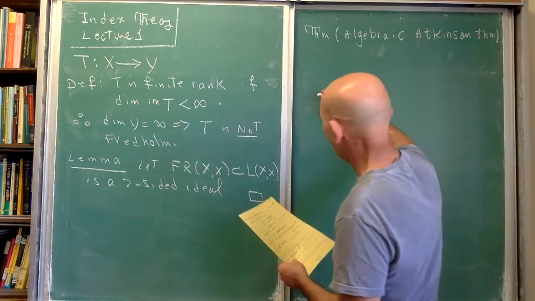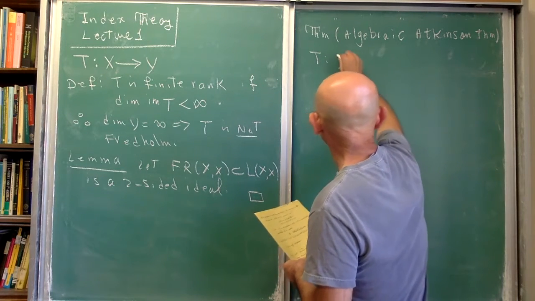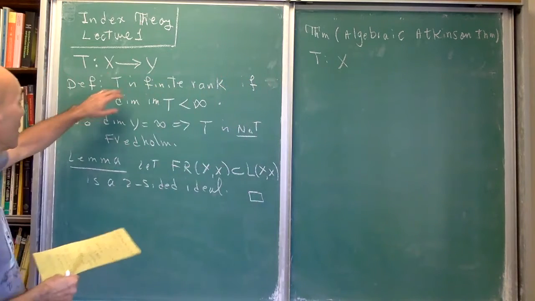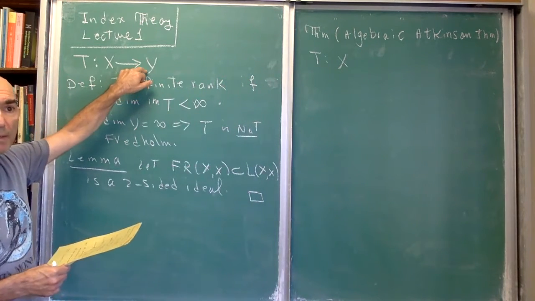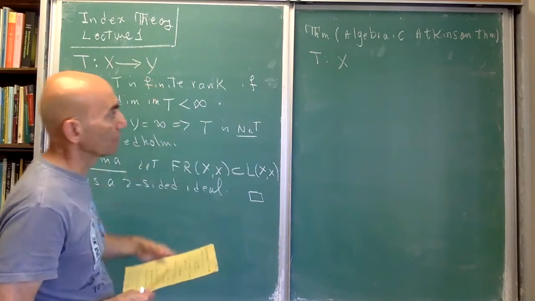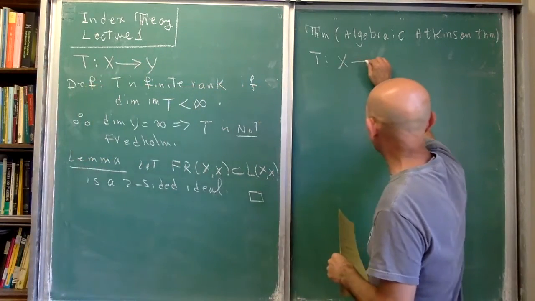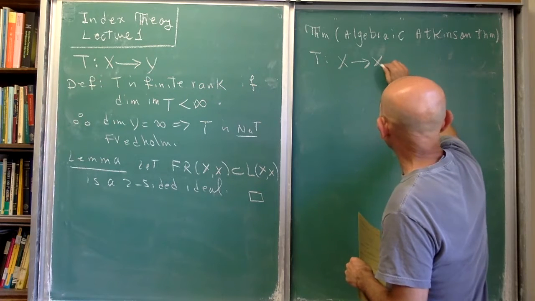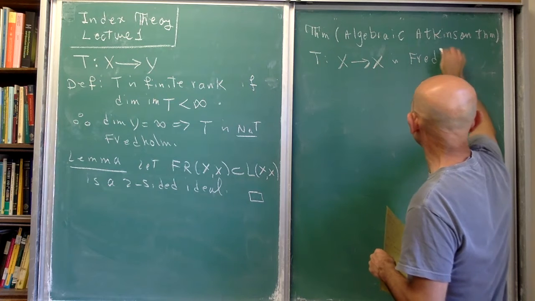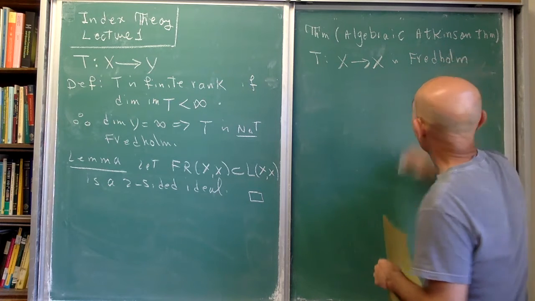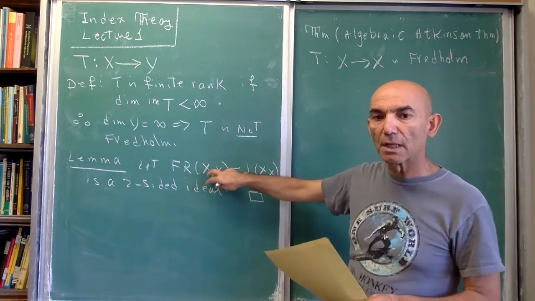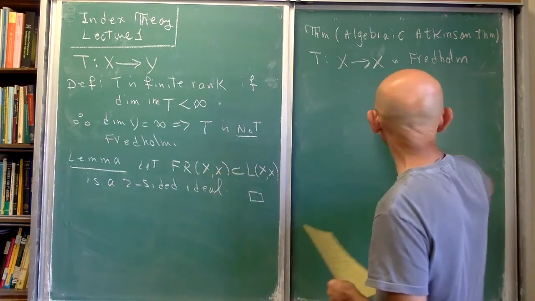The result is this: to simplify notation and presentation, I'm now going to assume Y is equal to X, but the results with obvious modifications work in general. Just take T from X to X. A linear map from X to X is Fredholm if and only if it is invertible modulo finite rank operators.